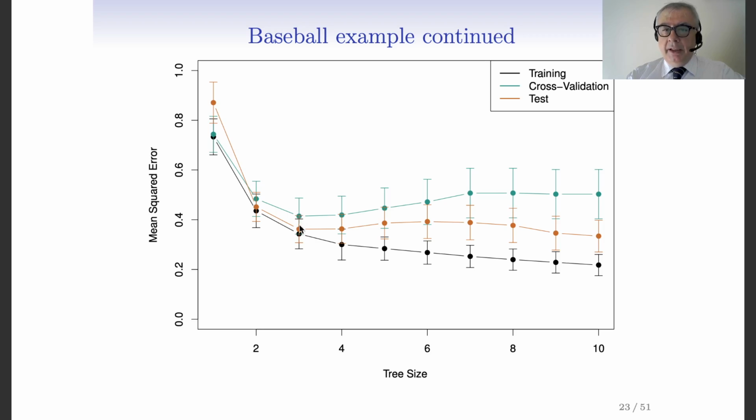And finally, I can look at what happens on the test data, and I see that the performance on the test data is not far from the cross-validated one, so I have no surprises. Although you can see here that the performance of trees of different sizes is not going to change much, and it even happens that in the end it seems better to have a high complexity tree, but beware of the uncertainty.